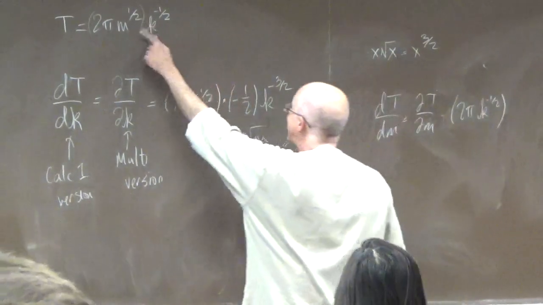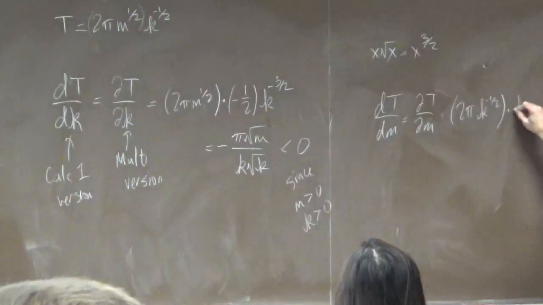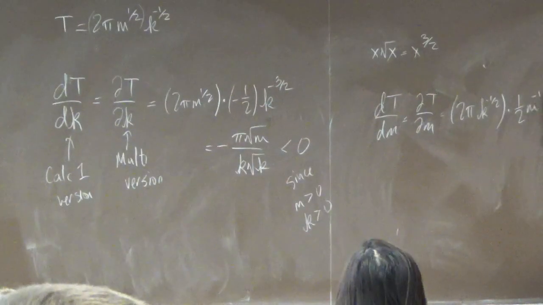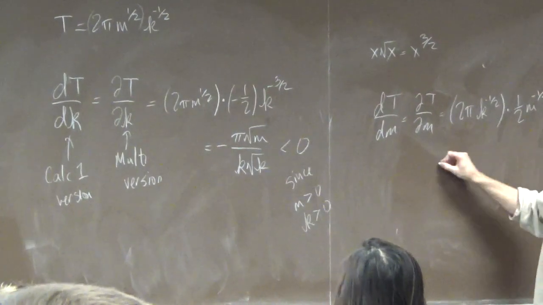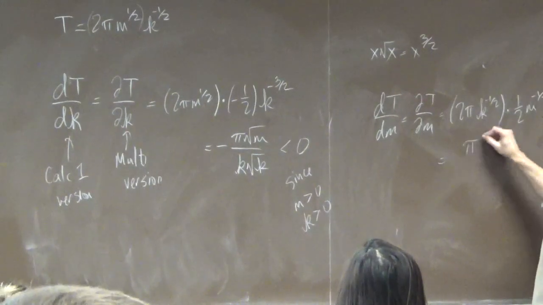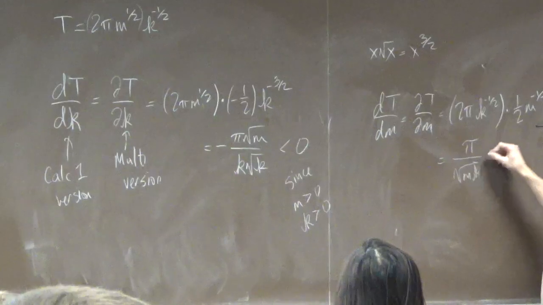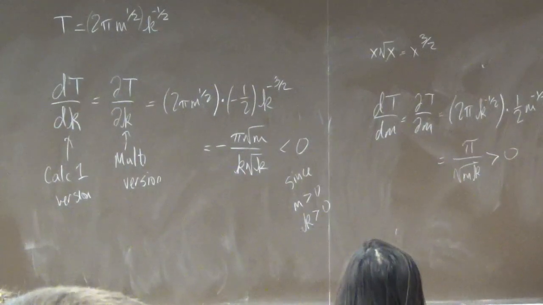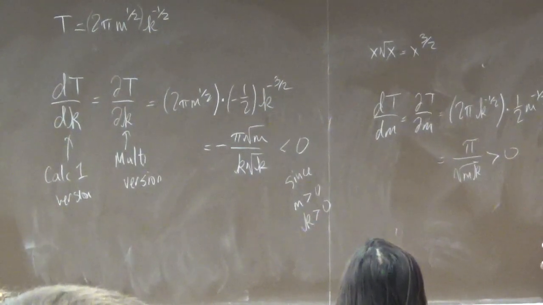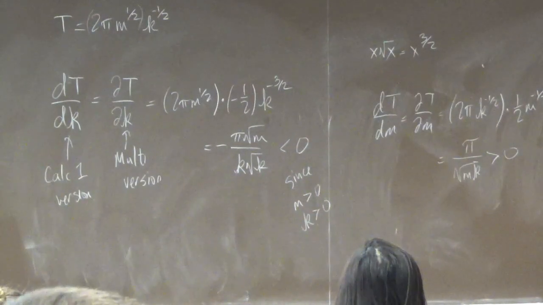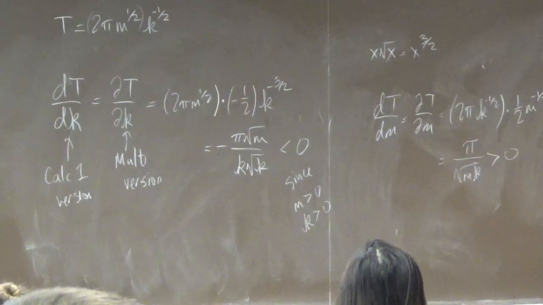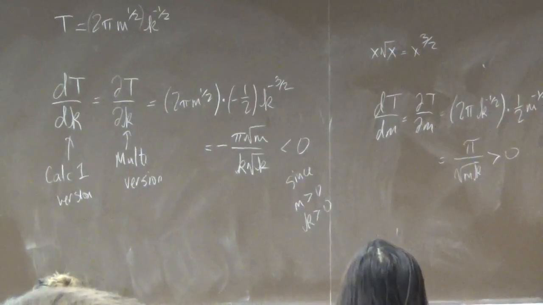Differentiate this with respect to M. Get a positive 1/2, M to the negative 1/2. That can be simplified to pi over square root of M times K, which is a positive quantity, a positive derivative. If you increase the mass, you increase the period, which means it's a slower motion.